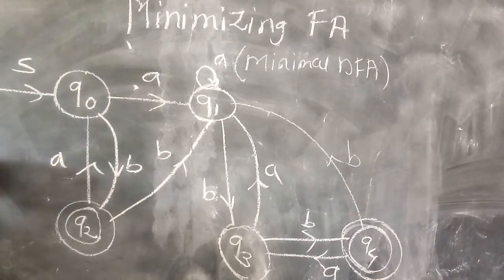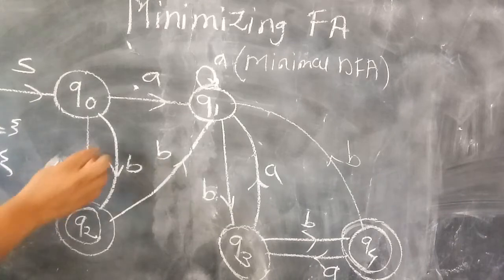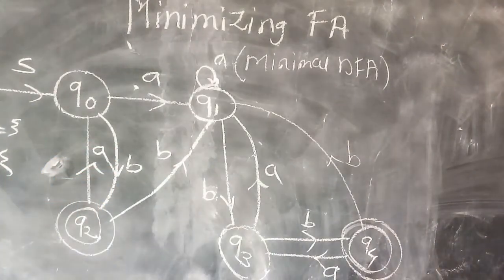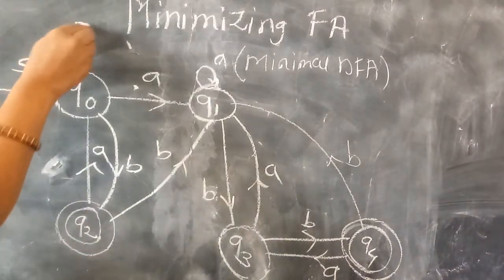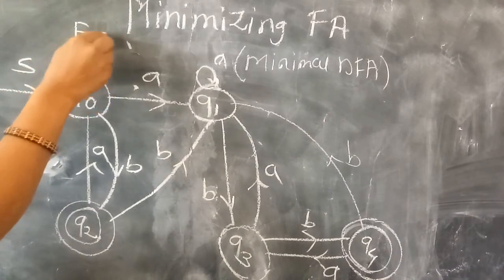For example, it is a set of non-final and it is a set of final. So what do we have to perform? We will collect the sets of finals and non-finals.